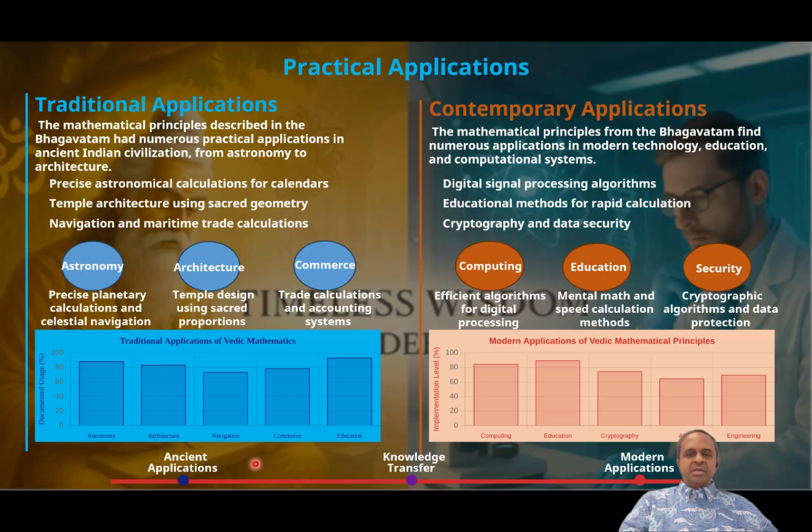This isn't just historical curiosity, it's evidence that ancient mathematical wisdom contains insights that remain relevant and valuable for contemporary challenges. The mathematical principles preserved in the Bhagavatam continue to provide innovative solutions for modern problems in ways that purely contemporary approaches often cannot achieve.